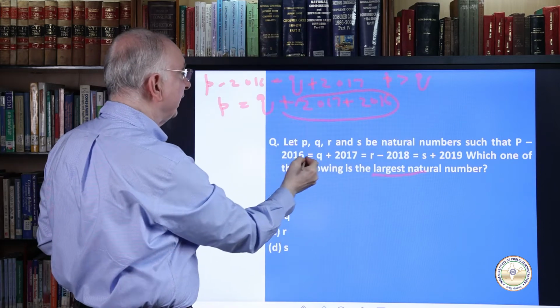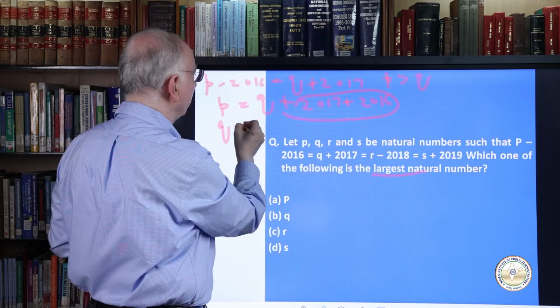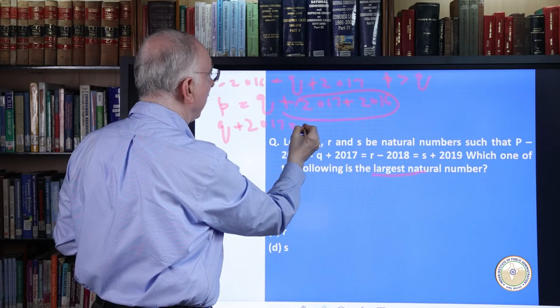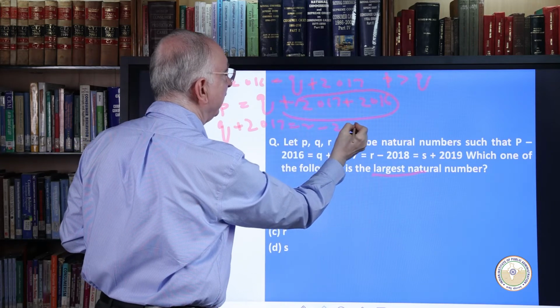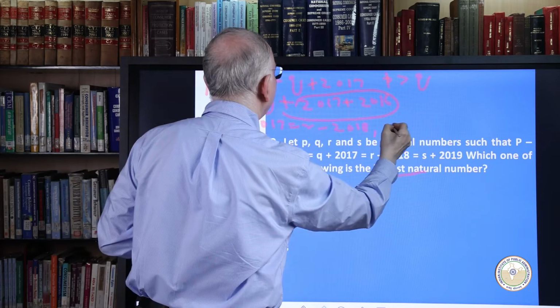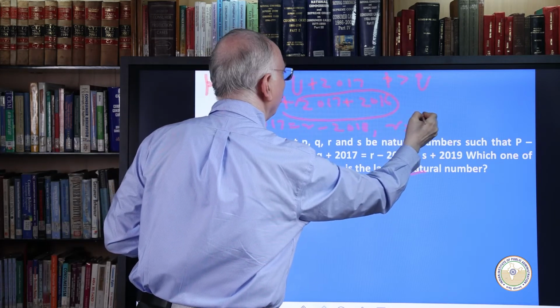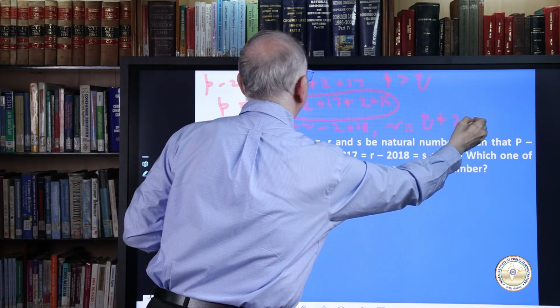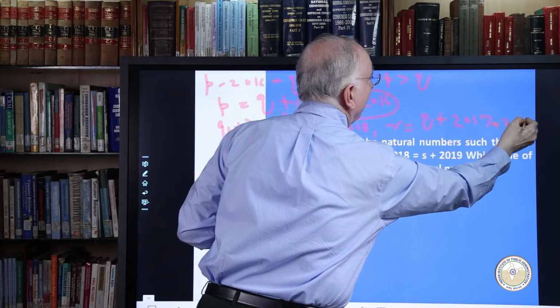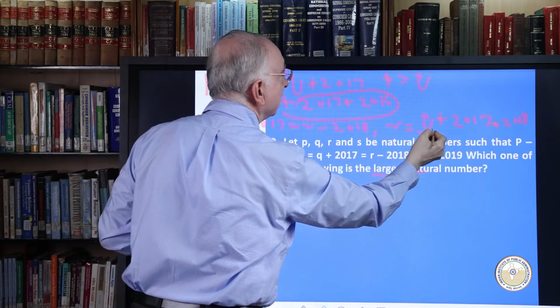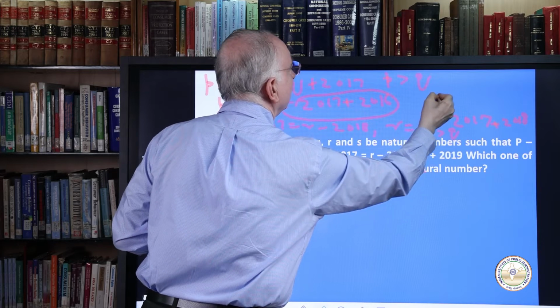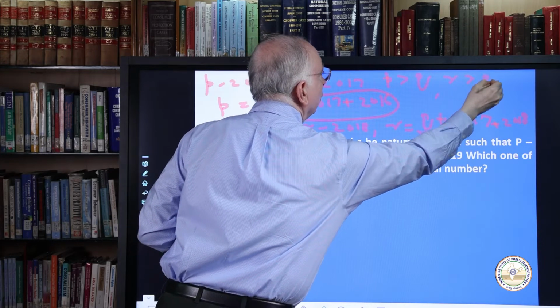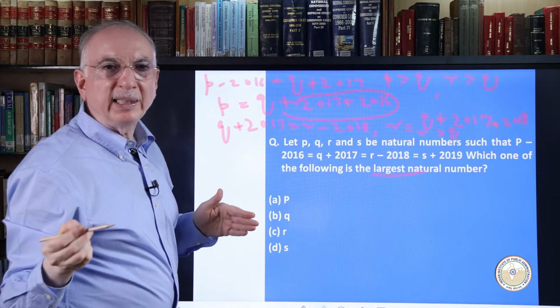Likewise, if we look at this number, Q plus 2017 is equal to R minus 2018. That means R is equal to Q plus 2017 plus 2018. That means R is greater than Q. So R is greater than Q. We have obtained this. Now look at this.